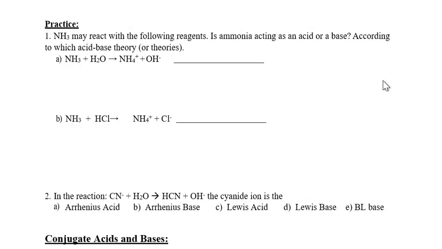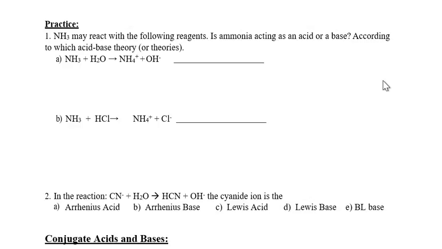And then lastly, we'll just ask, is it a Lewis acid or a Lewis base? What we said originally is that technically all the Arrhenius and the Bronsted-Lowry bases fall under that umbrella.